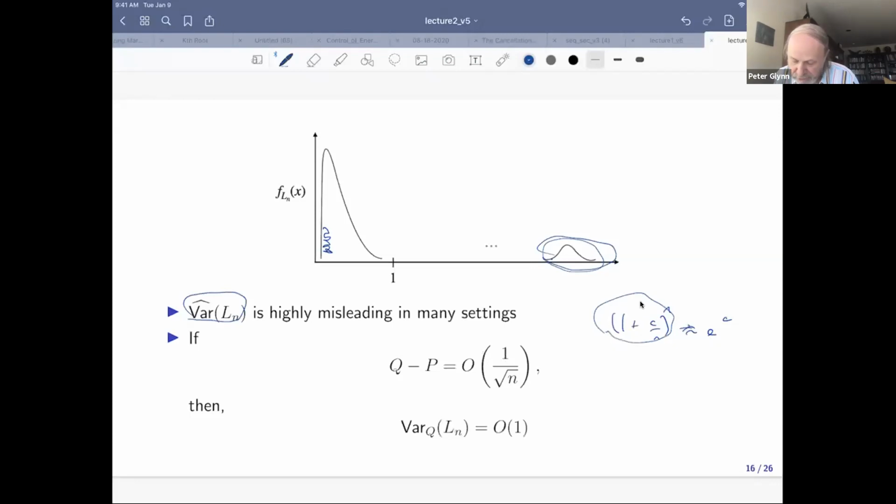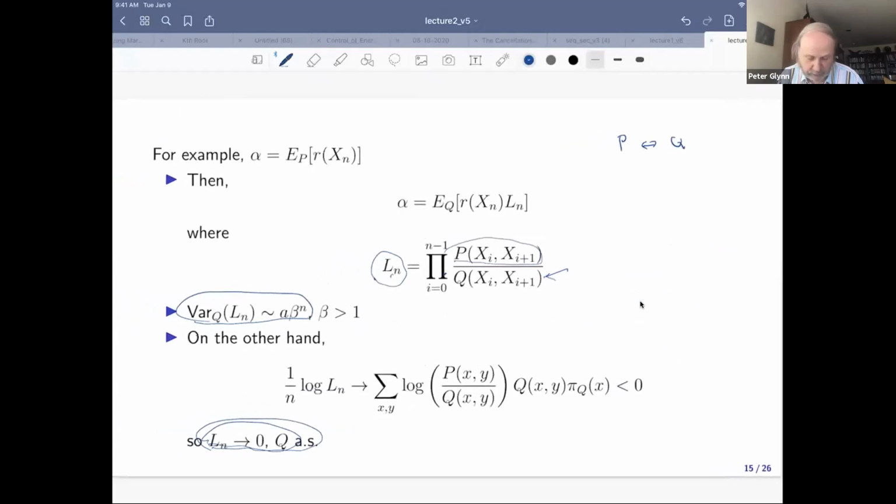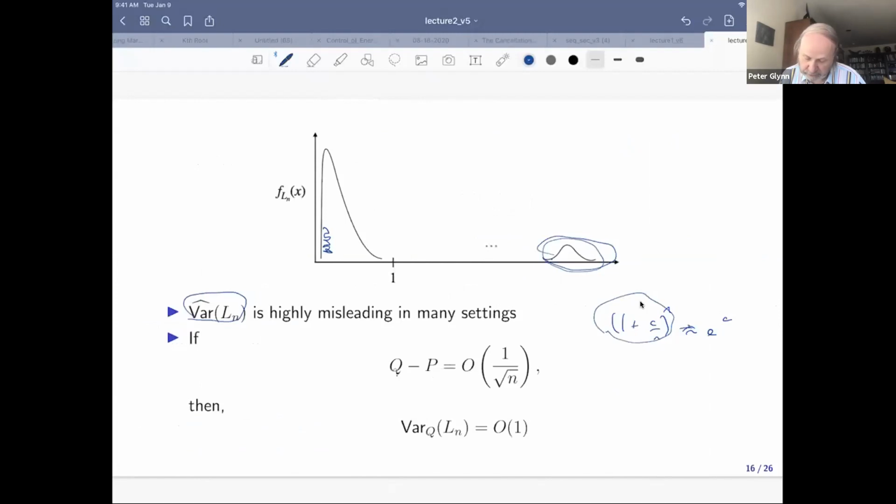You might imagine, based on this analysis, that you need Q and P, if you want to avoid this exponential increase in the variance, to be relatively close to one another. So you don't want to have a Q being a large perturbation away from P. And you might say to yourself, well, this analysis suggests that Q and P have to be perturbed away from one another by an amount of order 1 over n.